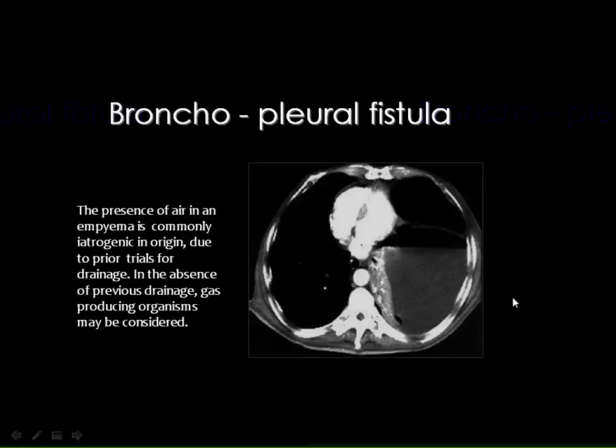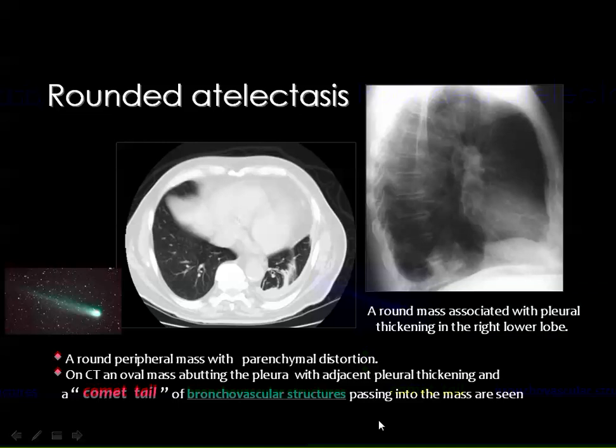Then, if you see an air fluid level in the pleural space, and you can also see the collapse of the lung compressed by this hydropneumothorax, you think this hydropneumothorax is the sequelae of a bronchopleural fistula if no history of previous intervention is known. Then the issue of round atelectasis is one of the challenging issues in chest radiology because of the fear of this lesion being a malignant neoplasm.